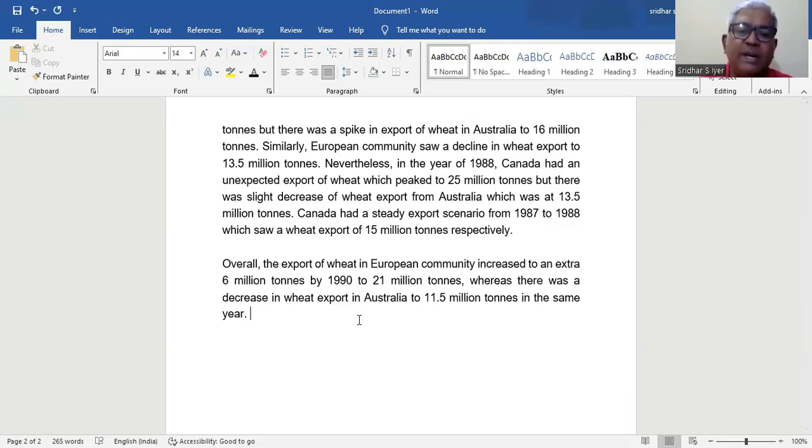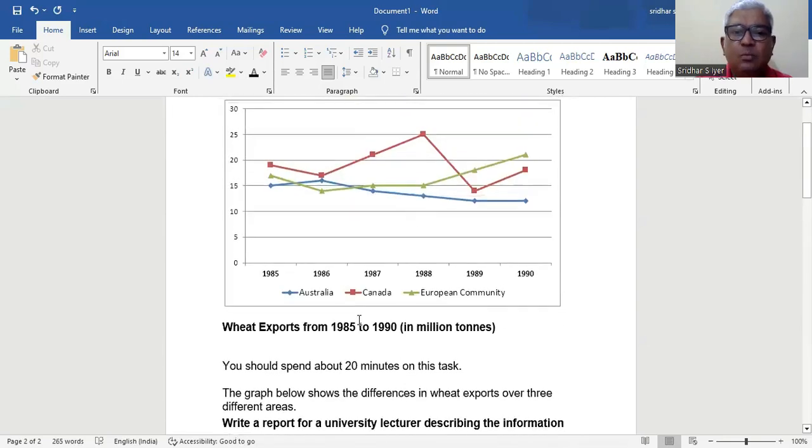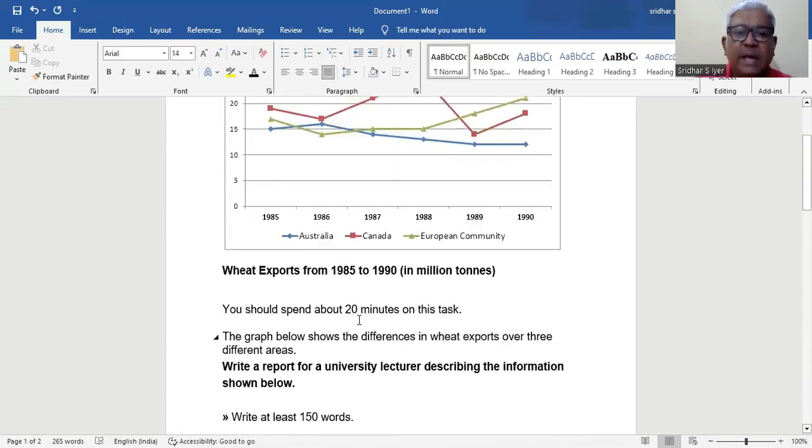Overall, the export of wheat in European community increased to an extra 6 million tons by 1990 to 21 million tons, whereas there was a decrease in wheat export in Australia to 11.5 million tons in the same year. Okay, now what happened to Canada?